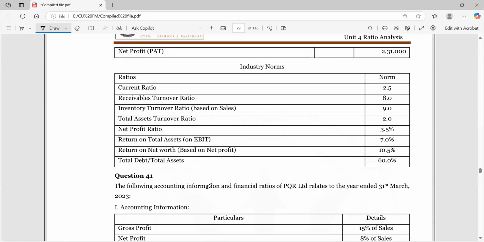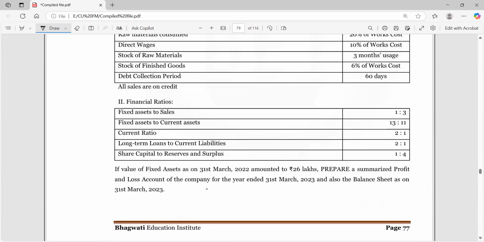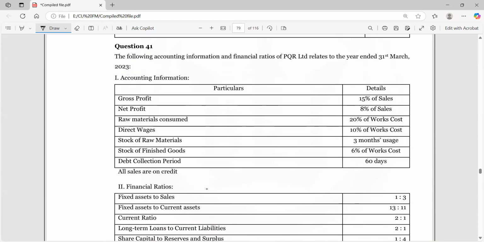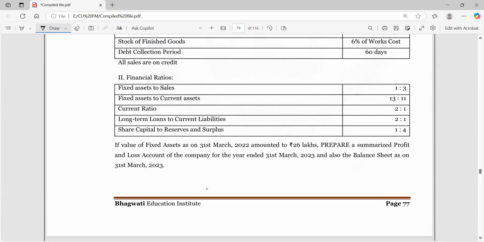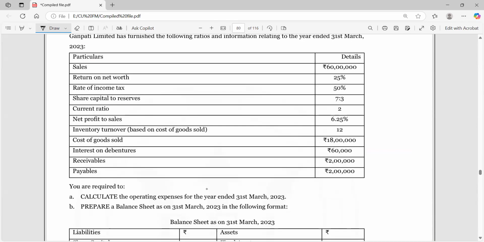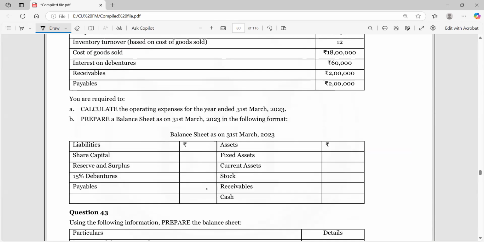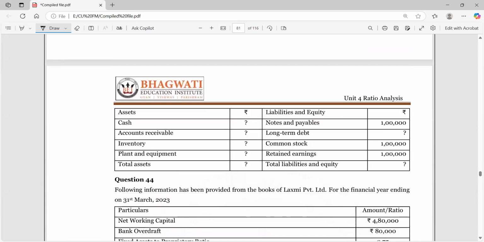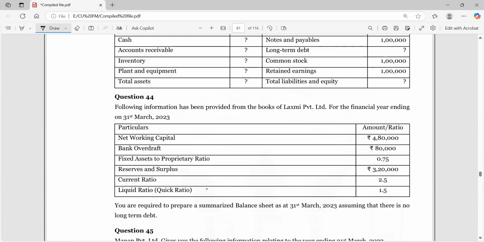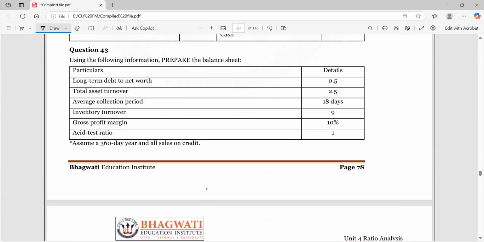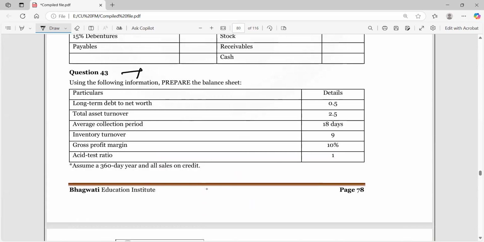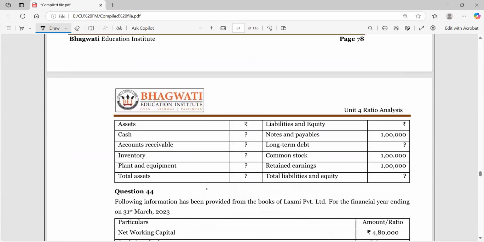Question number 41 is difficult, we will do it in the class.